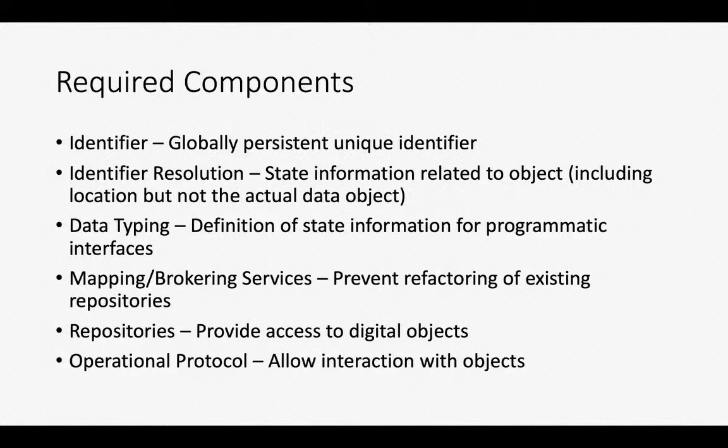Then the repositories themselves exist, and there are many types of these with many different interfaces. There are relational databases. There are just file systems that have data on them. There are specialized data repository services with well-defined APIs, et cetera. And then an operational protocol, which is really the center of this, which allows you to do basic operations with the data.